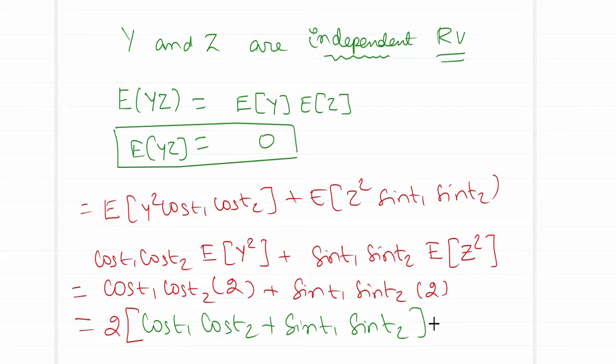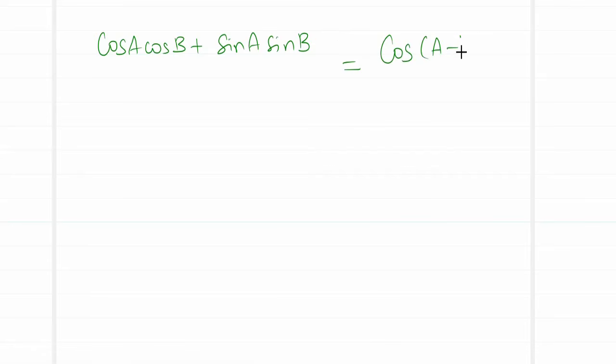Now it is time to recollect the trigonometric identities. We have a quantity of the format cos A cos B plus sin A sin B. So what will happen in the next stage? cos A cos B plus sin A sin B is nothing but equal to cos of A minus B. So high time we recollect the formula.